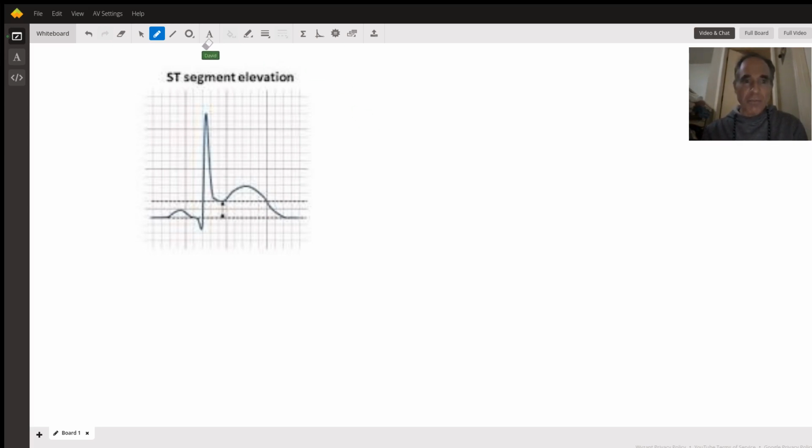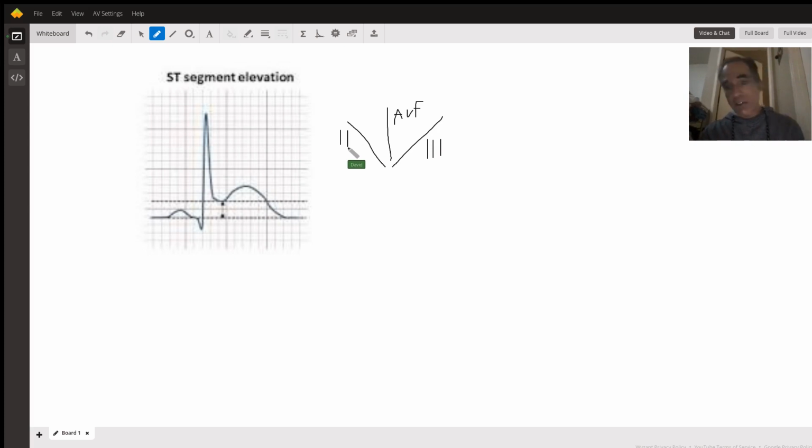For example, if there is ST elevation in leads 2, 3, and AVF, then they're pointing to the inferior wall, so it could be an inferior wall STEMI. This would be AVF over here pointing down. This would be 3 pointing down and to the right, and 2 pointing down and to the left.